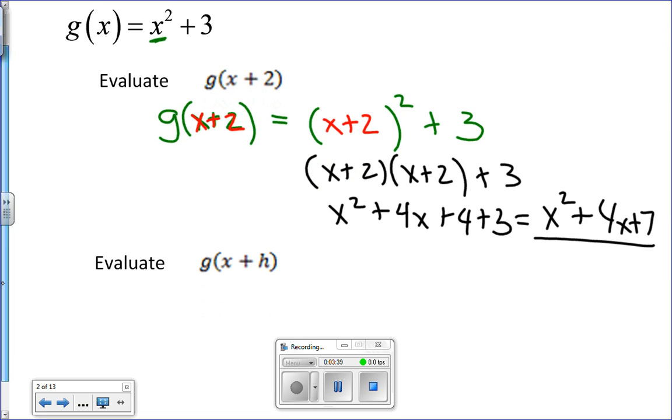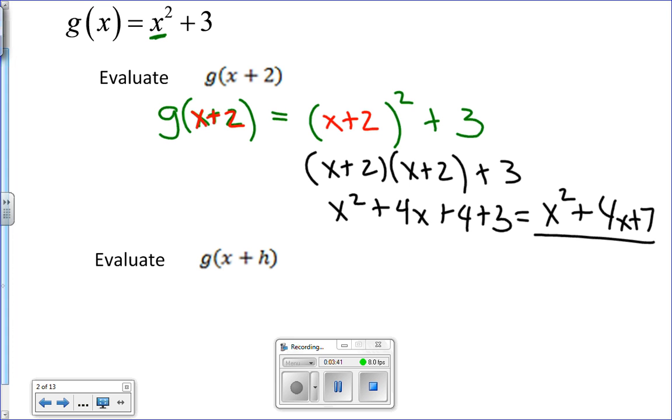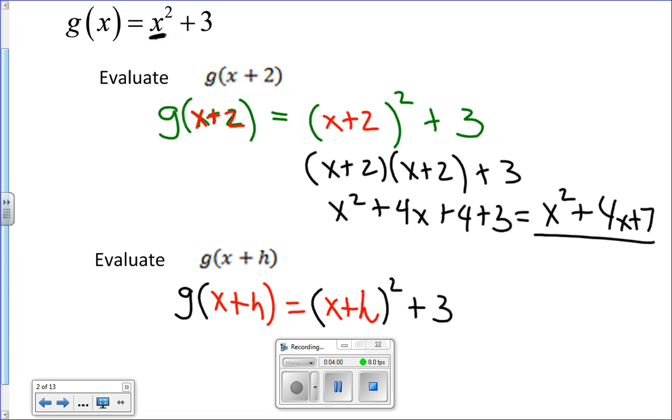Down here, they're asking you to evaluate g of x plus h. Well, let's do that. In this case, we're going to be replacing, once again, that x with the input. So we square the input and add 3. The input is just x plus h.